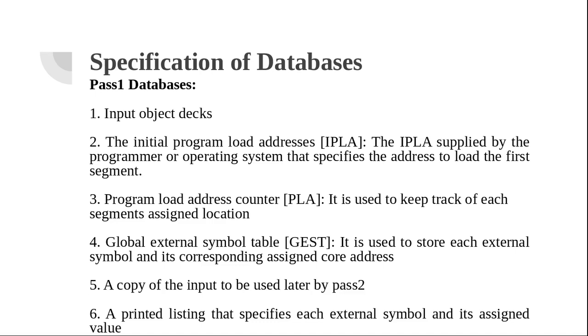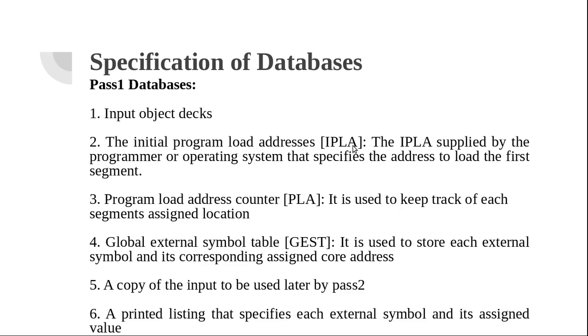So the loader must always know the initial loading address of the first segment in your object program. In your object program, there will be a set of segments. What is the first segment to be loaded and what is its initial load address? That is given by the initial program load address.